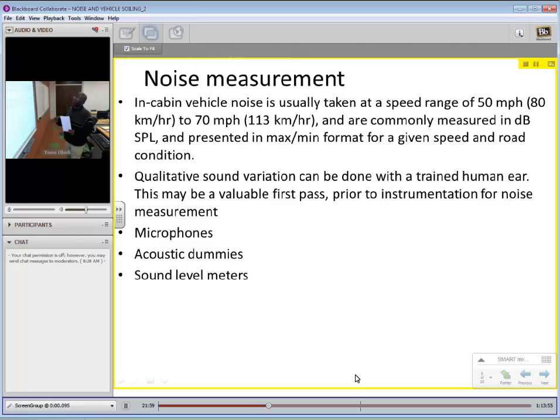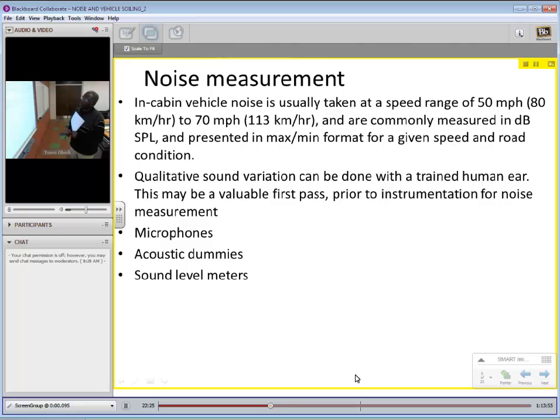Noise is commonly measured in decibels SPL and presented in a maximum-minimum format for a given speed and road condition. We can also have a qualitative noise variation assessment with a trained human ear, which is an entire field by itself in vibrations.